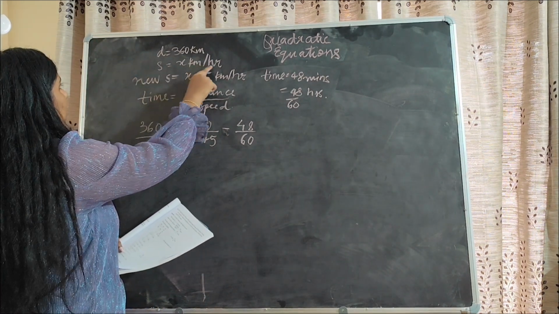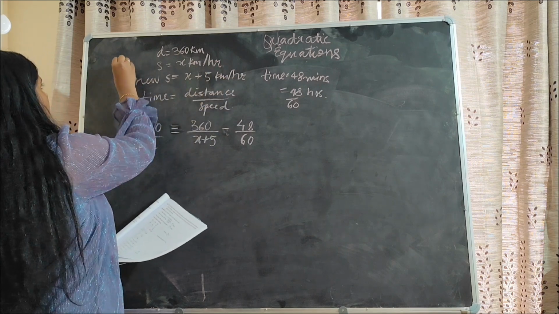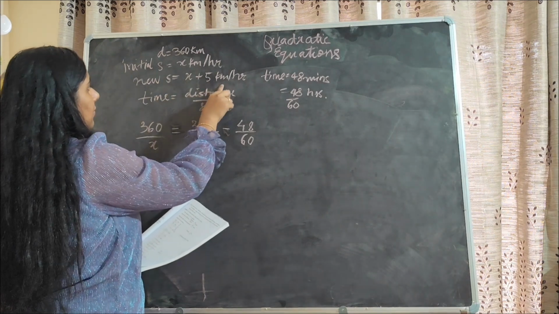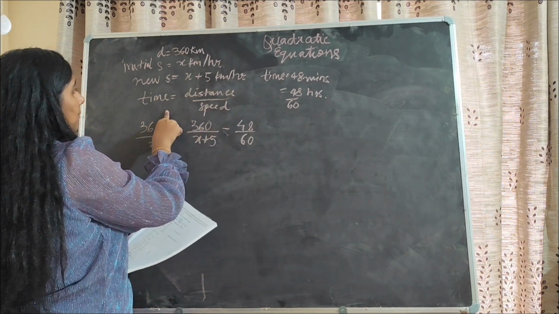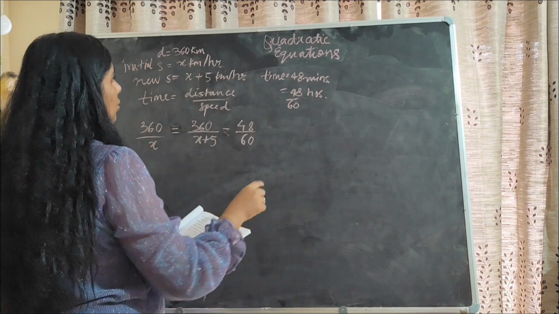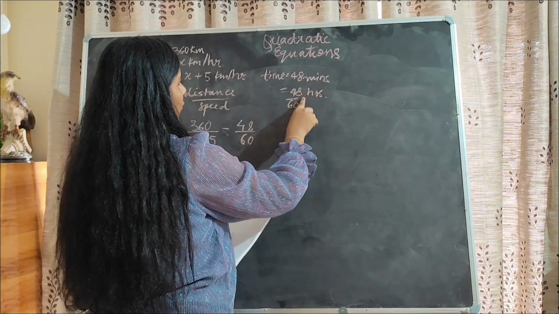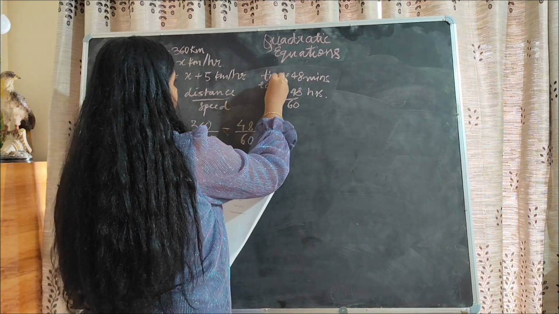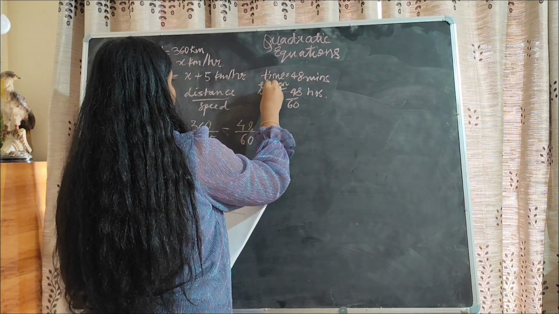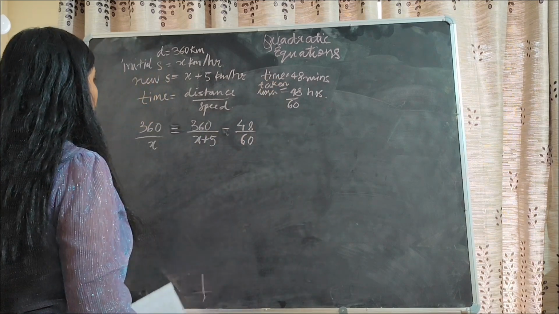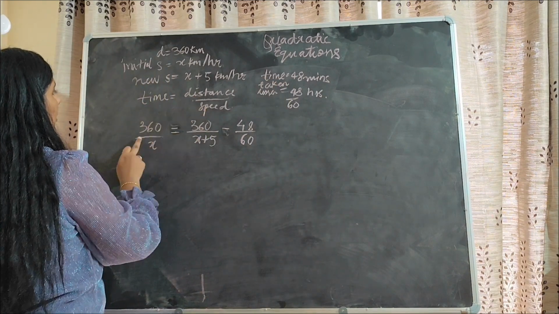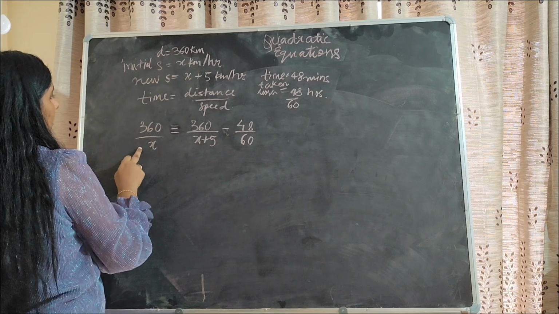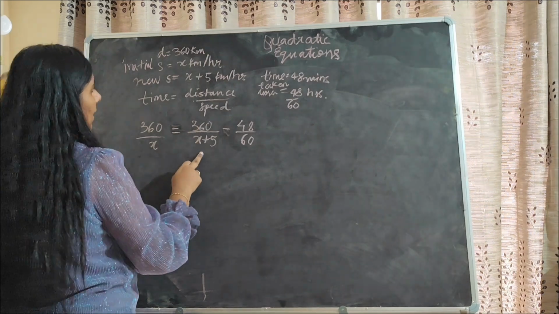So let the initial speed be x kilometer per hour. This is the initial speed. Then the new speed will be x plus 5 kilometer per hour. The time is given as distance upon speed. So time taken lesser is 48 minutes, which is 48 by 60 hours. So 360 by x is the initial time, and 360 by x plus 5 is the new time.